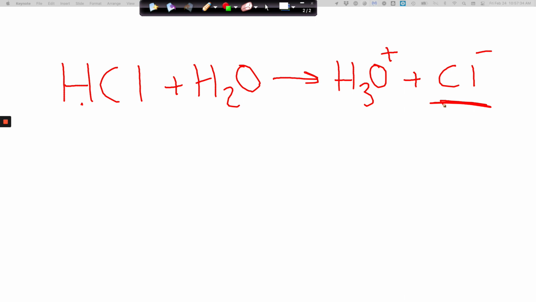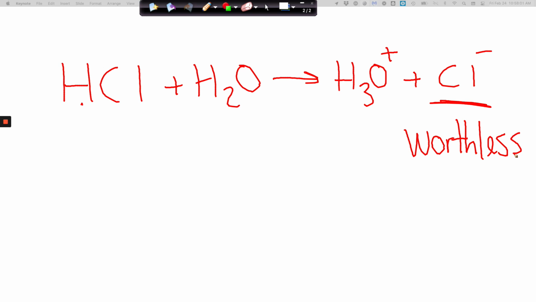Here's the question we now get to answer. Why is HCl a strong acid? And the answer is this, guys. Chloride is a worthless base. It is worthless.